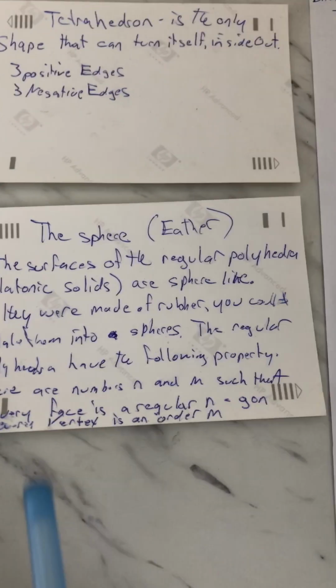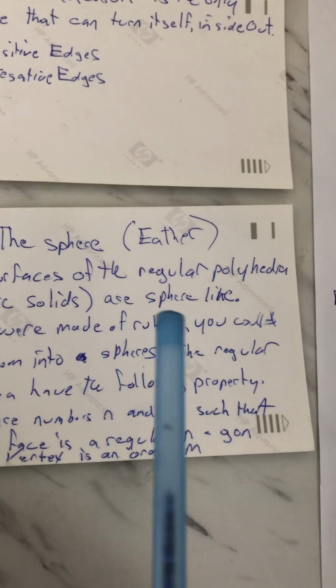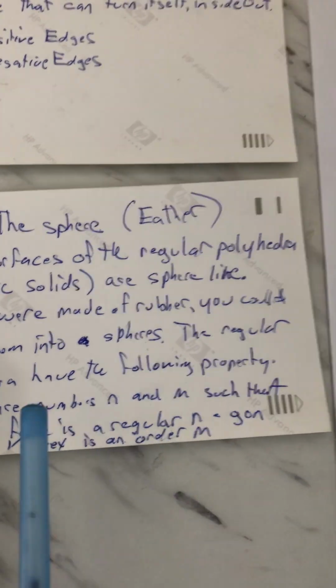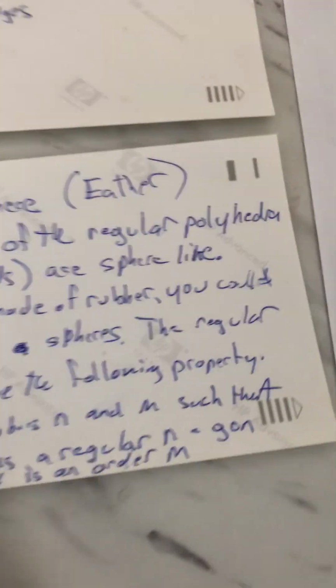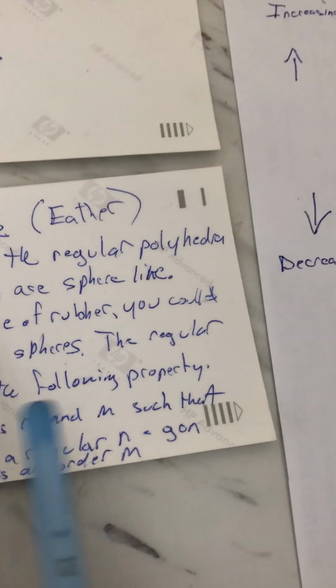So it says the surfaces of a regular polyhedra are sphere-like. If they were made of rubber, okay, you could put them all into spheres.